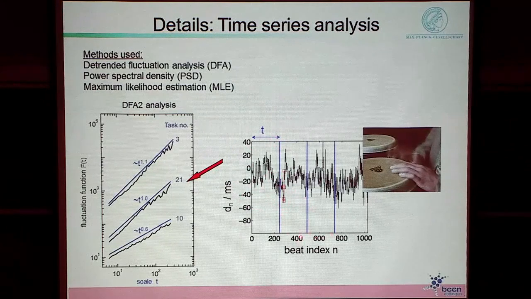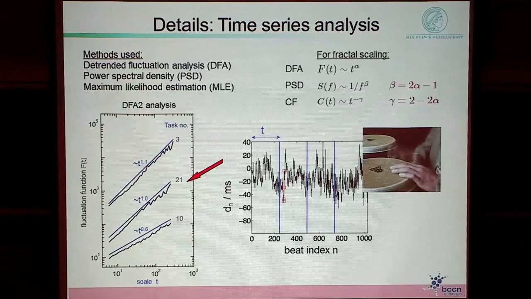And this fluctuation function is shown here as a function of the size of the time window. And as you can see, we find very clean power laws, positive power laws, with different exponents.